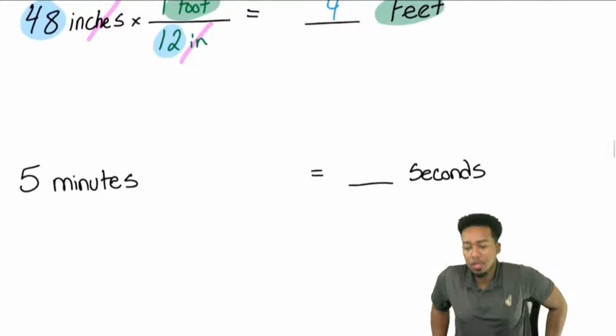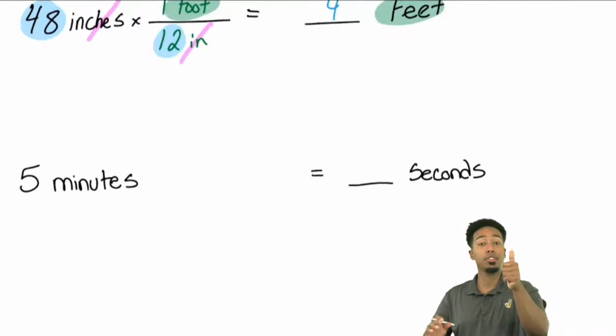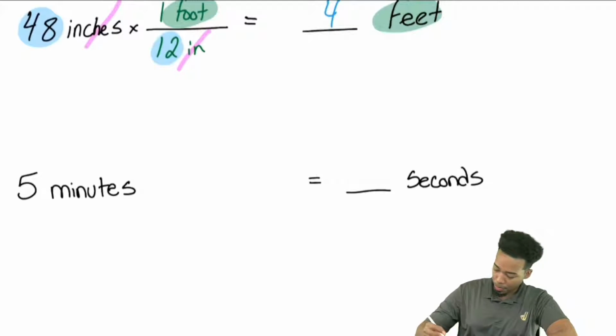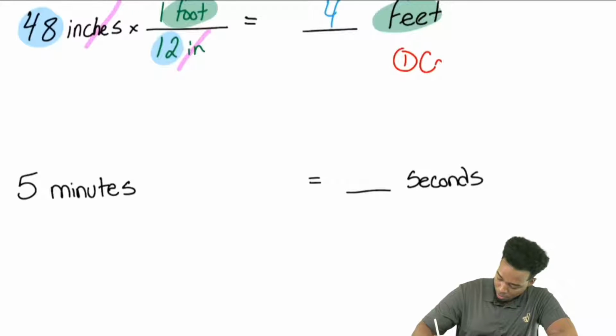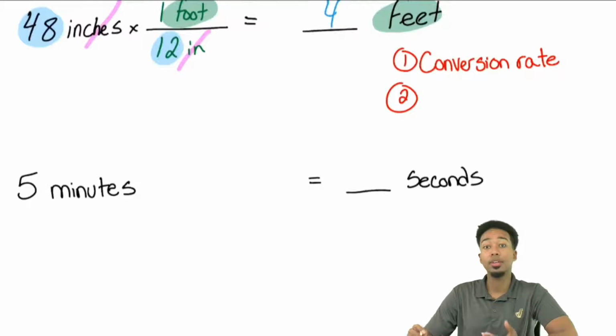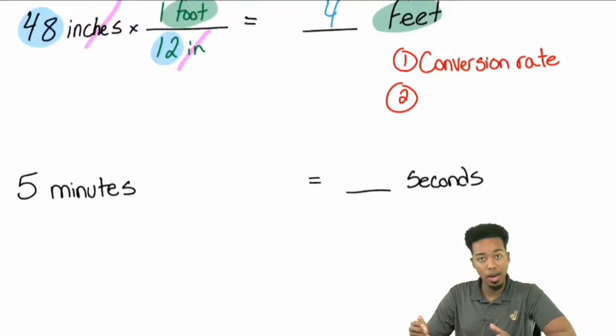So first of all, the first step is going to be remember your conversion rate. Let me write this down on the side for you. Step 1, conversion rate. And step 2, we're going to place the one that we want to eliminate on the bottom.